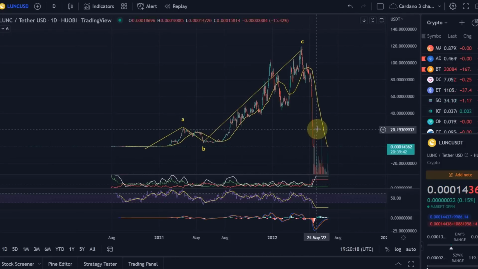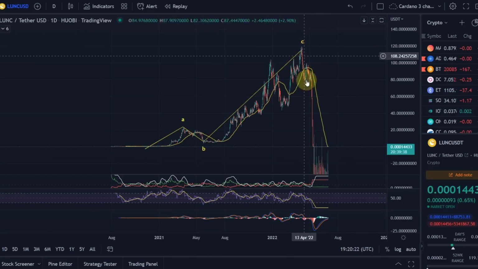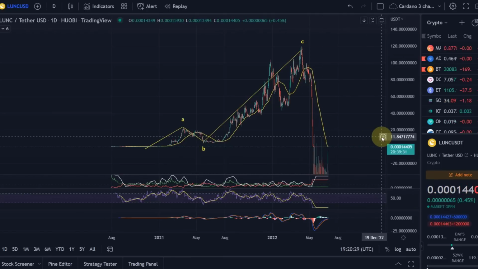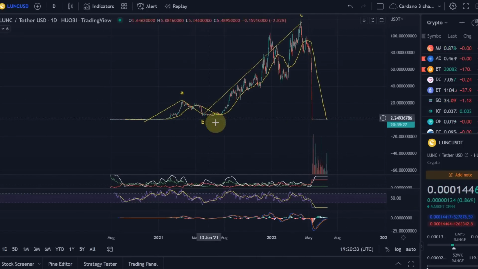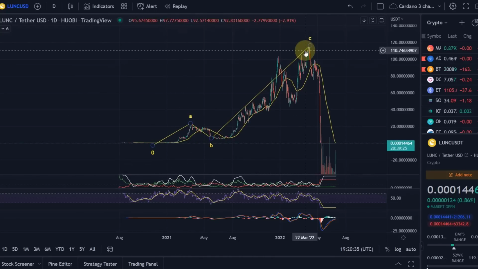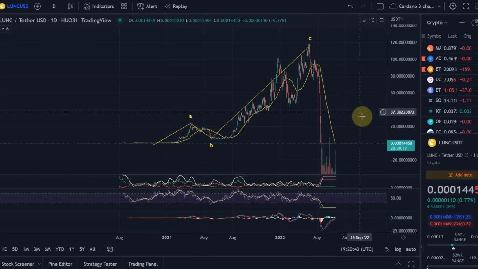And now, again, how likely that is, if a coin once was priced at $120, and you're now looking at a fraction of a cent, not even, that's obviously difficult. But just to mention, from a chart point of view, the best that can happen to a chart like that is that it crashes that much, because it then has a new chance to recover, basically.